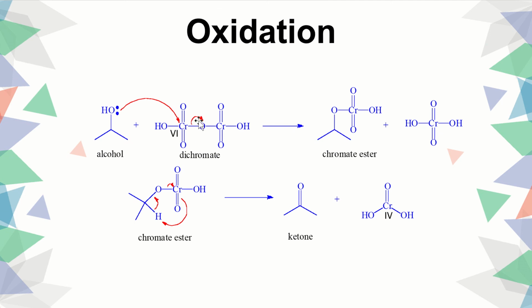It forms the chromate ester, I should say, from the dichromate to the chromate ester, and then by a series of reactions or electron movement, we end up with the ketone, and of course chromium 4.